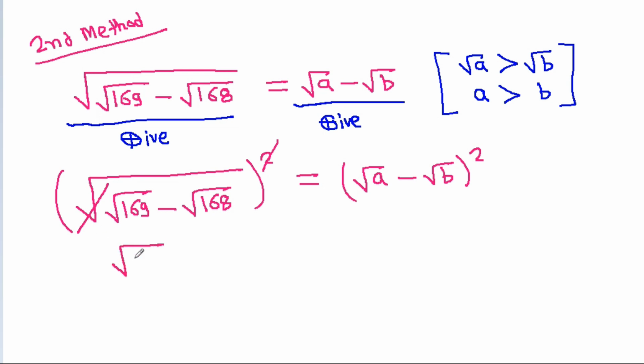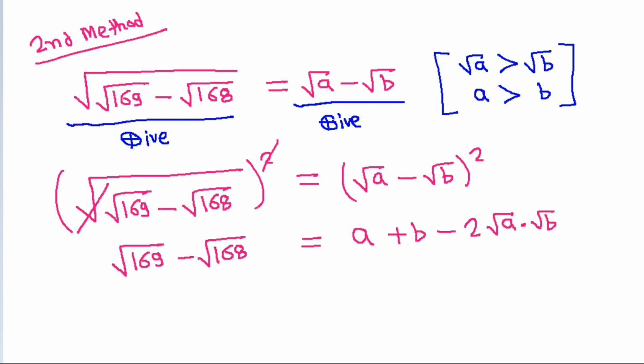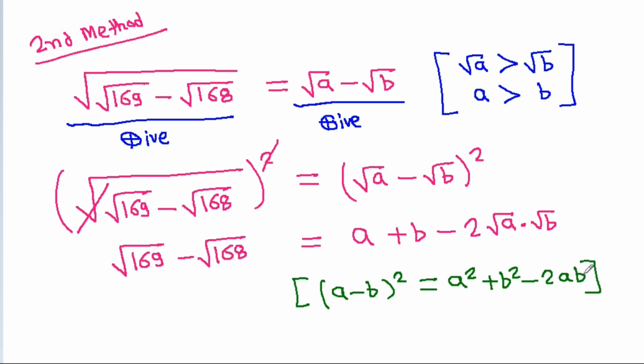So root 169 minus root 168 is equal to, and (root a minus root b) whole square will be a plus b minus 2 root a times root b, because (a minus b) whole square is equal to a square plus b square minus 2ab.